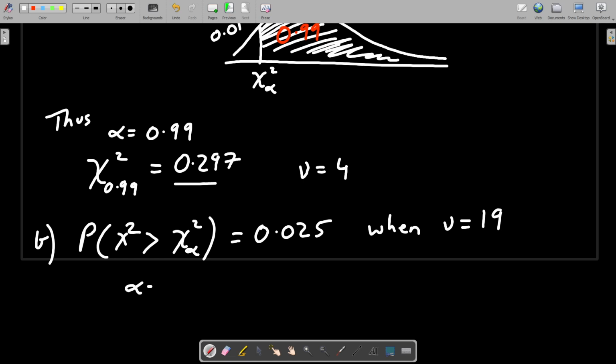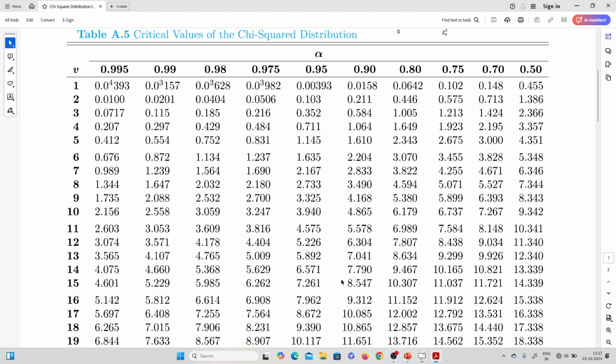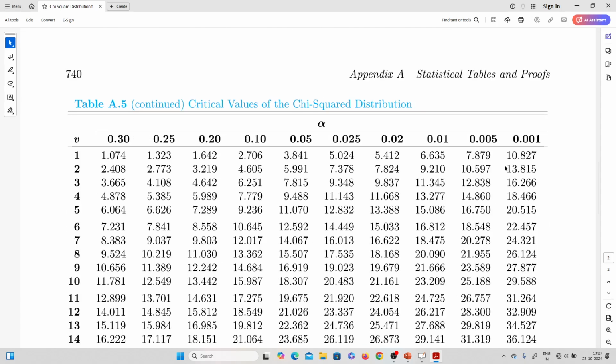So here alpha is equal to 0.025, and degrees of freedom here is equal to 19. So 0.025 for 19 degrees of freedom.